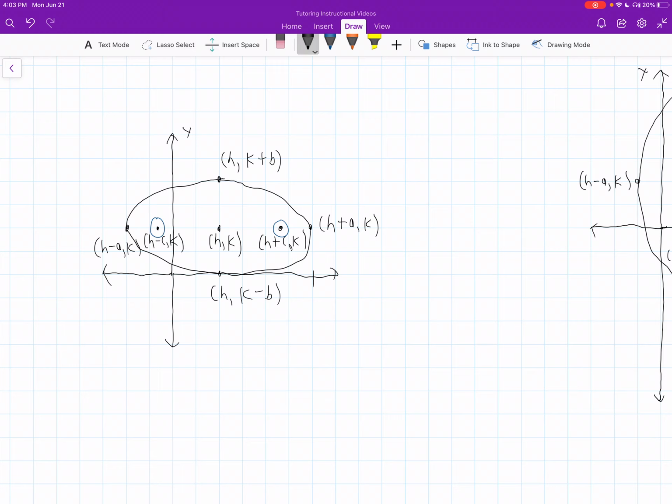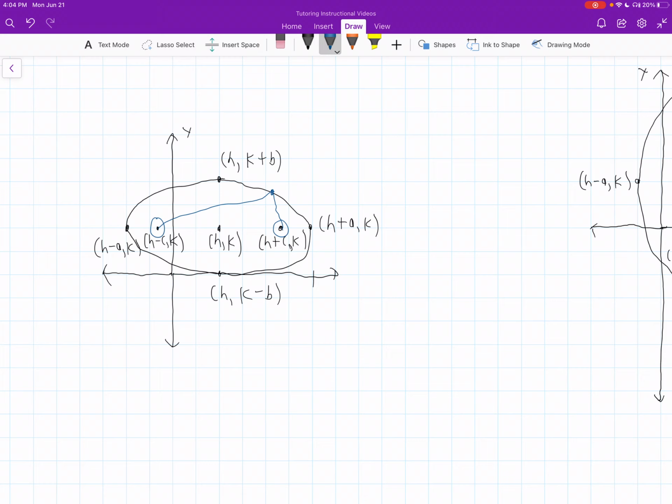Okay, so what are these foci points? The formal definition is: given any point on this ellipse, let me pick here, if I add up the distance from the point on the ellipse to one foci point plus the distance to the other foci point, the sum remains constant. I'll say that again.